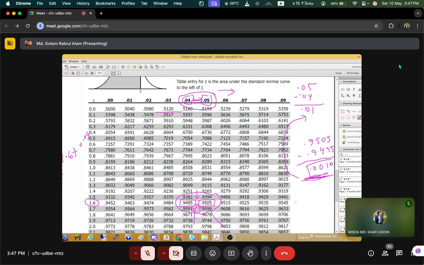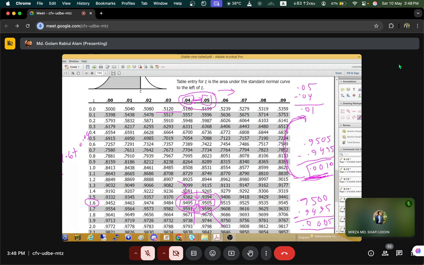That means for this much difference, the difference in alpha value is 0.01. Then we have 0.95, and our lower value here is 0.9495. How much difference is here? It is 0.0005. For the full difference, the difference in alpha value is 0.01.